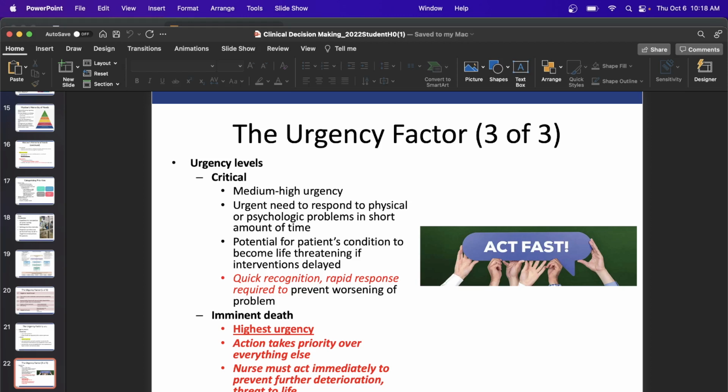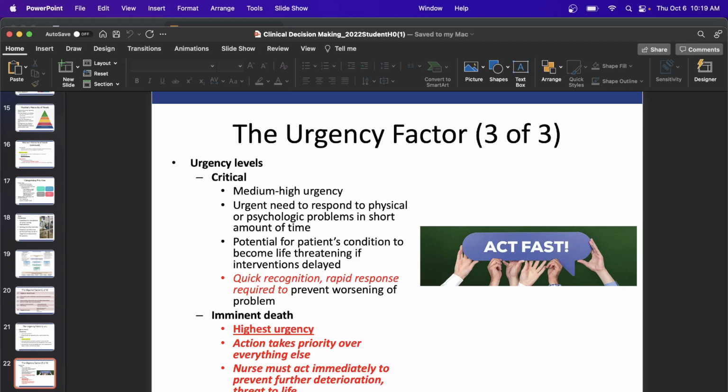And then identifying the responsibility of what needs we have to prioritize based on Maslow, based on the ABCs. We're going to set the order of our actions, and we're going to determine the urgency factor, what's non-acute, acute, and or critical. I'm going to talk about what each of those mean.